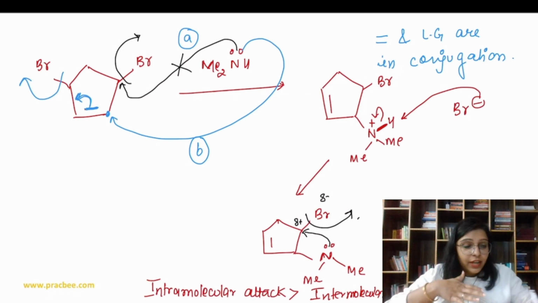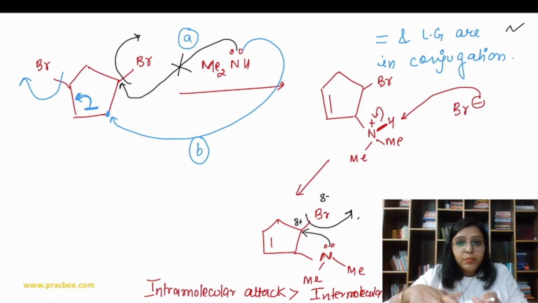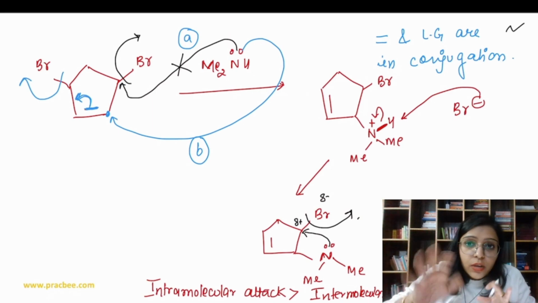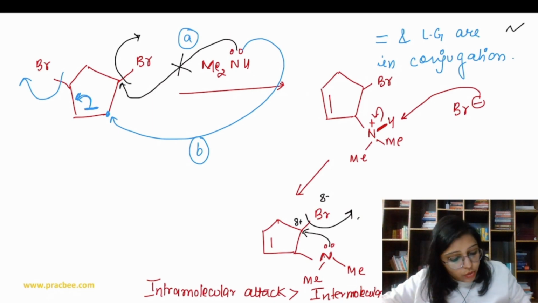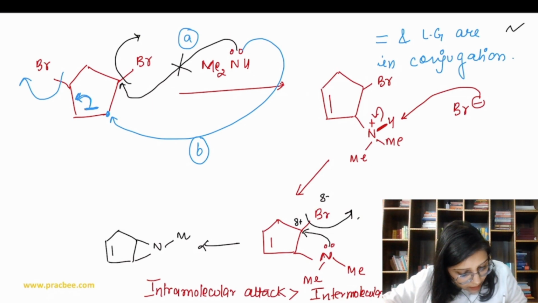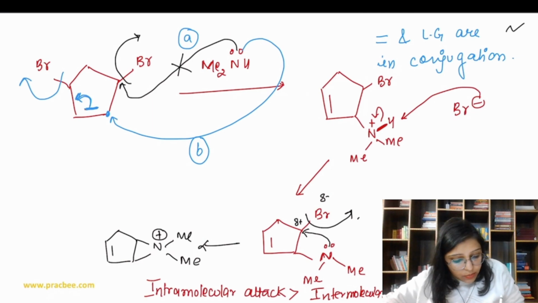Okay. Now we do not have the situation where the double bond and leaving group are in conjugation, or where by the movement of the double bond we can remove the leaving group. So we do not have this kind of situation, right? So what do we say? We have this, and here we have N, Me and Me. So here nitrogen has a positive charge, it has a positive charge.